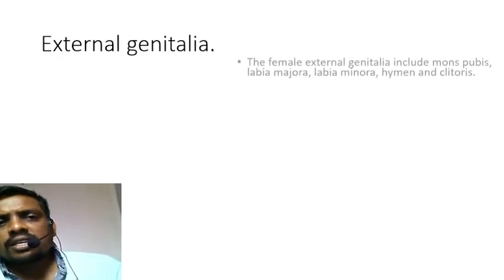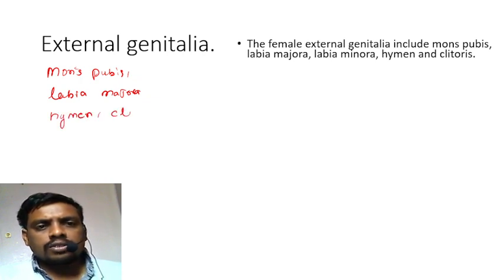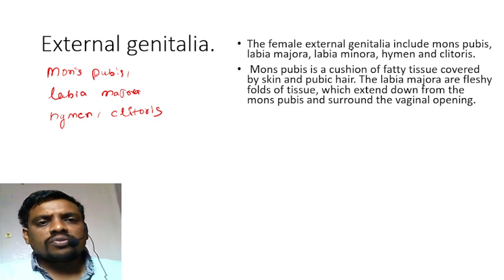Now finally, the external genitalia of the female reproductive system include various structures like I told you earlier: mons pubis, labia majora, labia minora, hymen and clitoris. What is mons pubis? Mons pubis is a cushion of fatty tissue covered by skin and pubic hair.